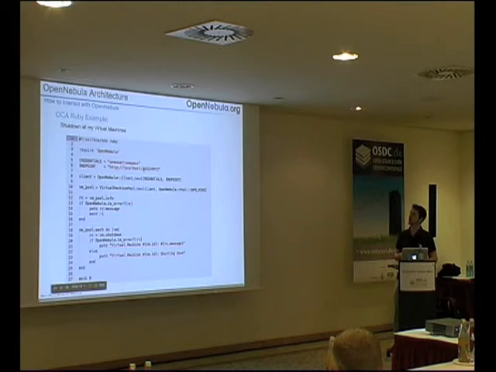This is the default port for the XML RPC API. Once you have the client created, you can ask for the pool of virtual machines that I have access to. This will give you a data structure with all your virtual machines.